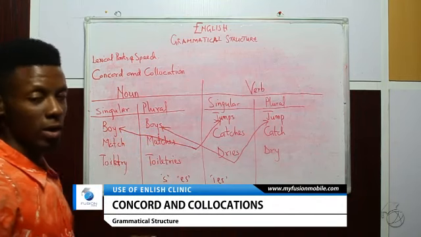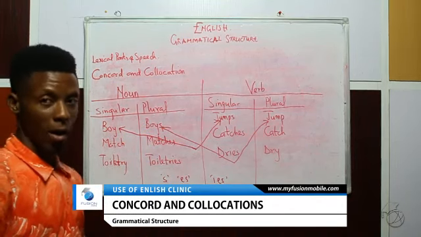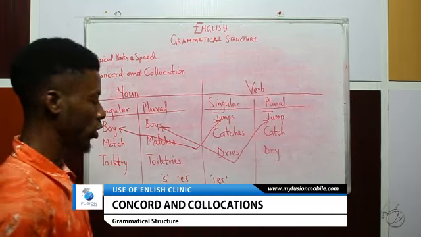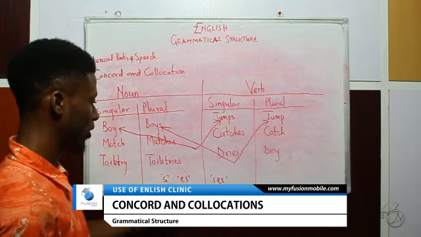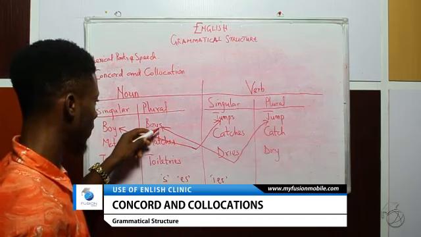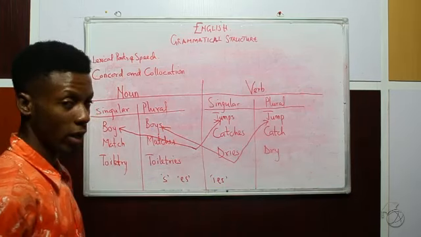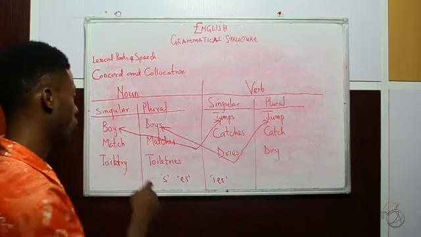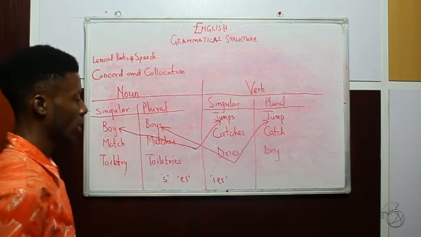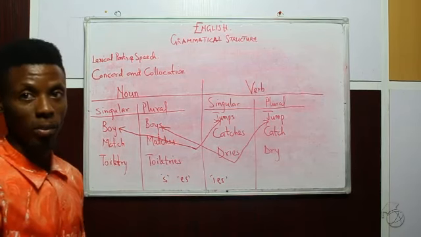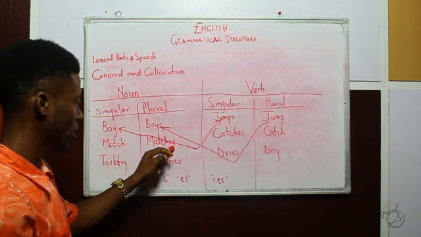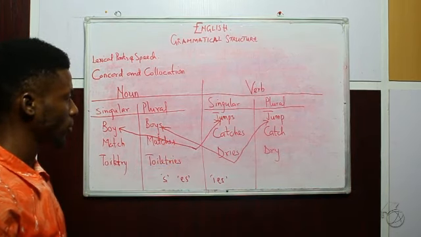Remember we said nouns are pluralized by the addition of s, es, or ies. We have the addition of s to boy, the s being the plural marker there. We have es here, and we have ies.